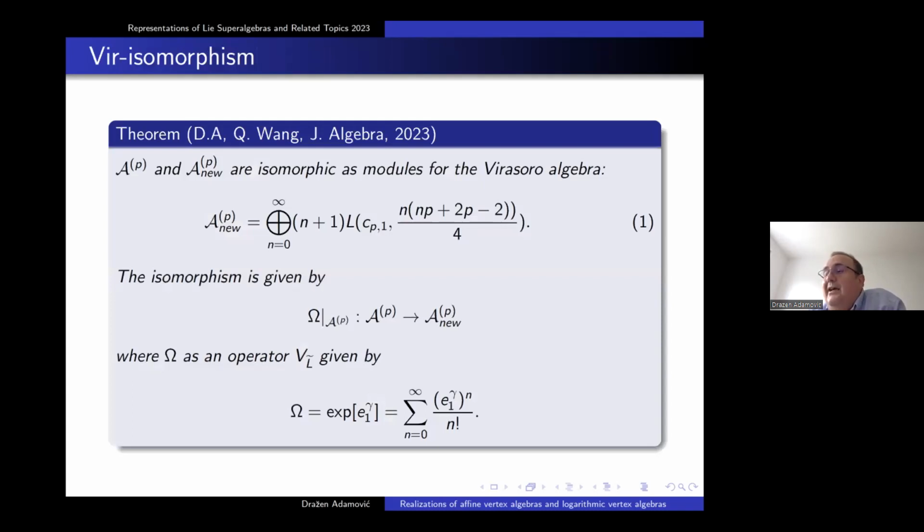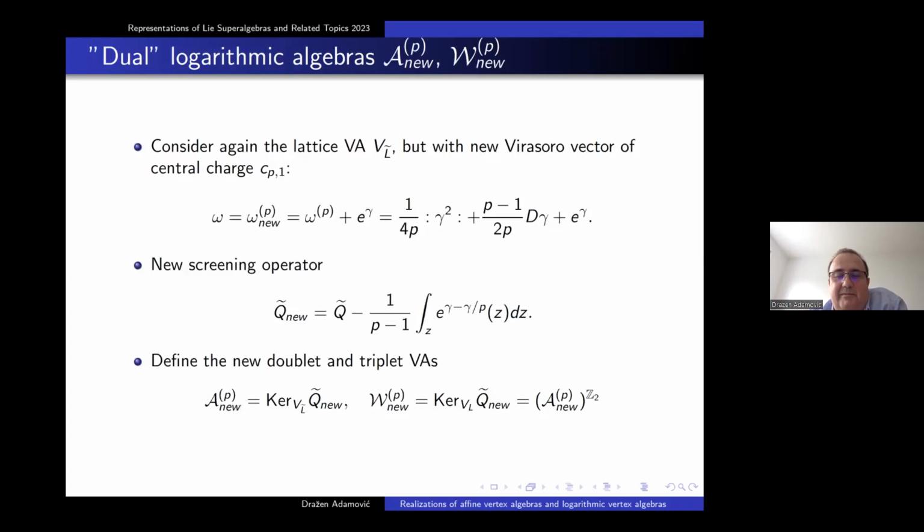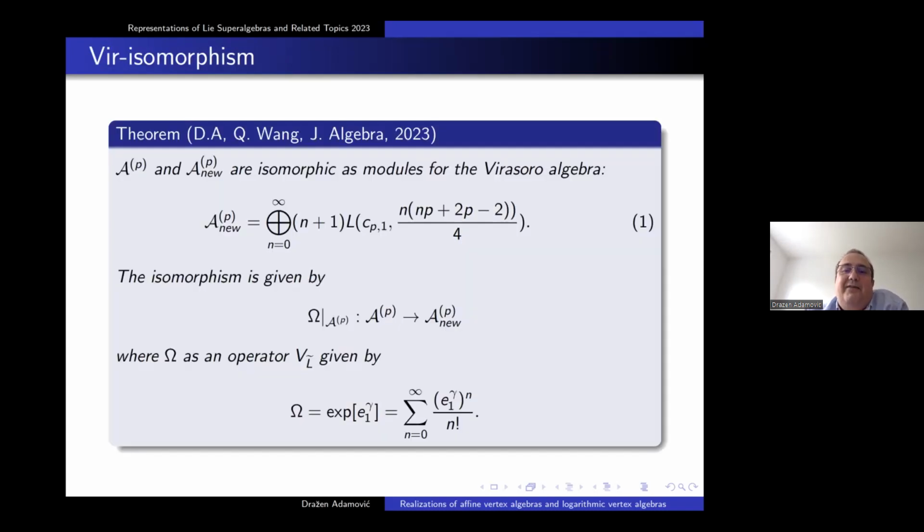But what we get is a new type of algebra. So we completely change our algebra. These new logarithmic algebras are not the same as the old, but they are isomorphic as Virasoro modules. So this is one thing which is interesting.